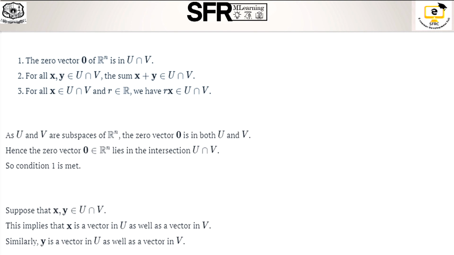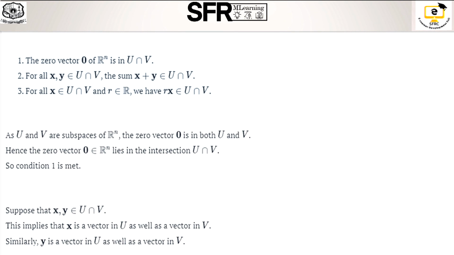Therefore, the first condition is satisfied, the zero vector is in H. Then the second condition, vector addition: by using the definition of intersection, we have u belongs to V and v also belongs to V. Then u plus v also belongs to the same set, hence vector addition is also possible. Therefore, this condition is satisfied.